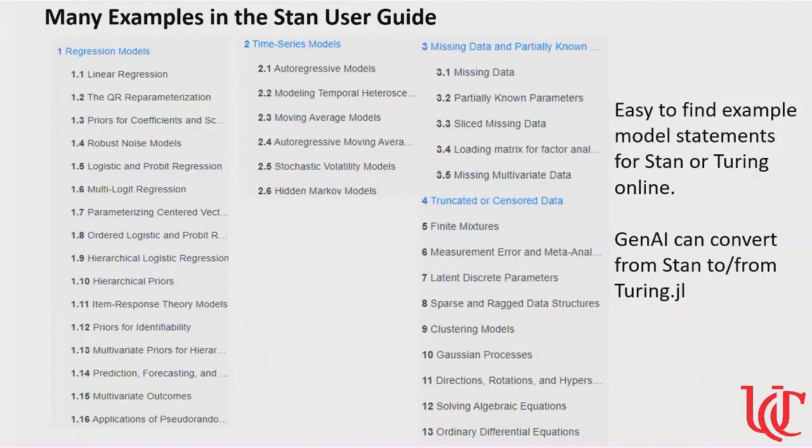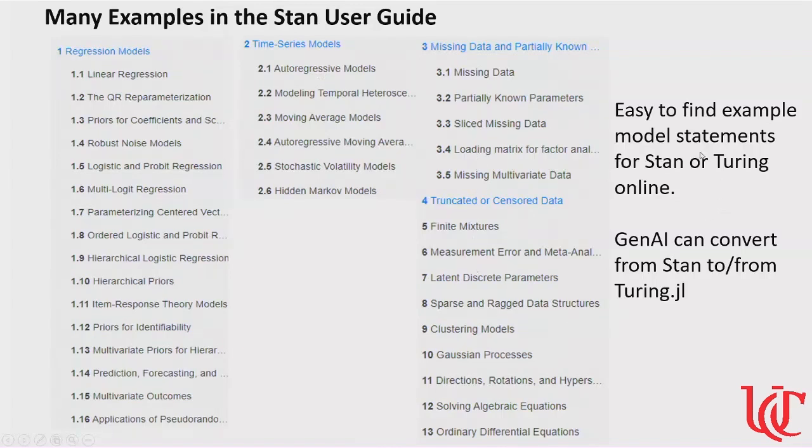Lots of examples of how to do this. Just Google Stan user guide, and it comes up with this. I opened the first couple, like this is linear regression. You can see there's all these different models in here, logistic, probability, hierarchical models, time series models, missing data, and so on.